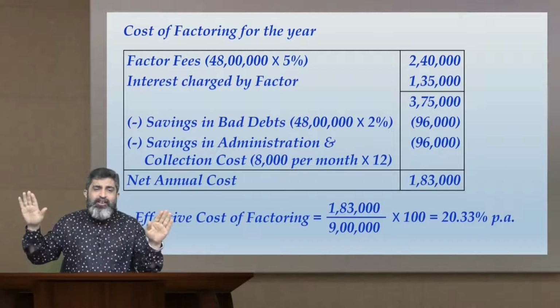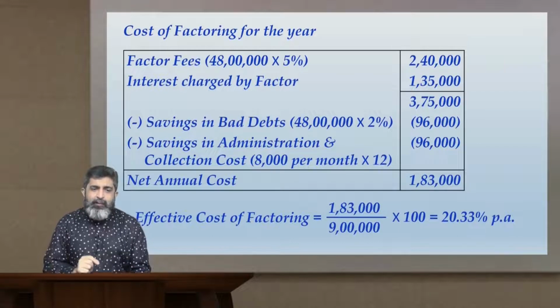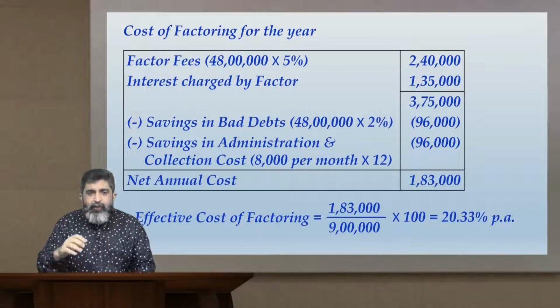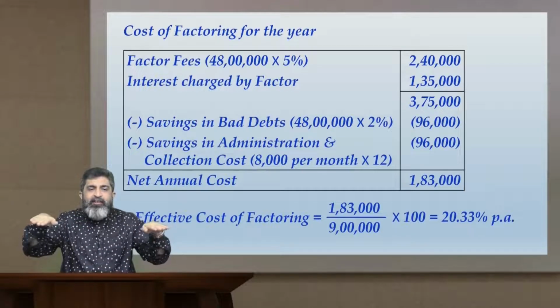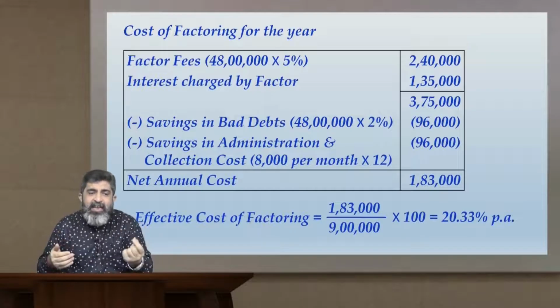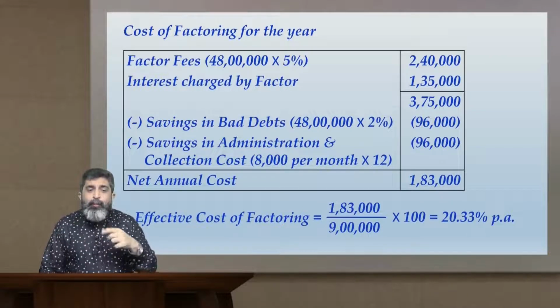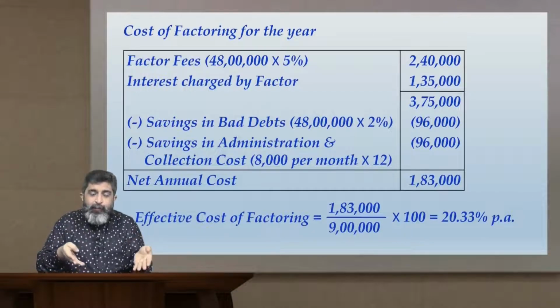That is a wrong notion. Why is it wrong? Factor will never give you 36 lakhs. Why? What is your average balance of debtors? 12 lakhs. Factor is never advancing a penny more than 9 lakhs. So basically you should not multiply 9 lakhs by 4.